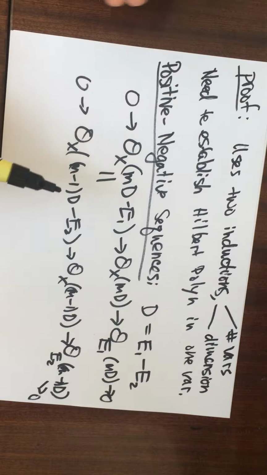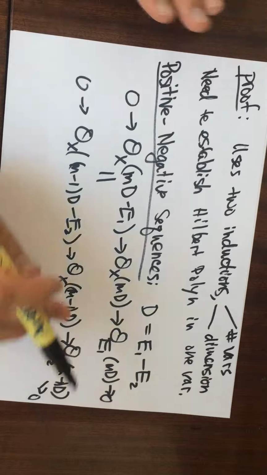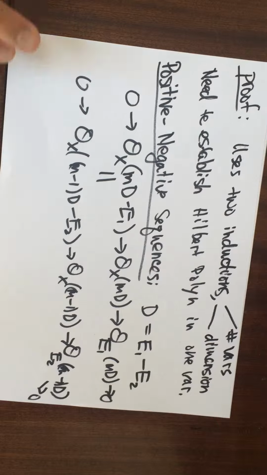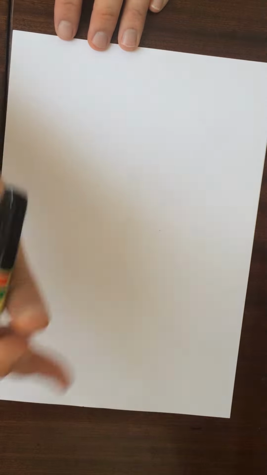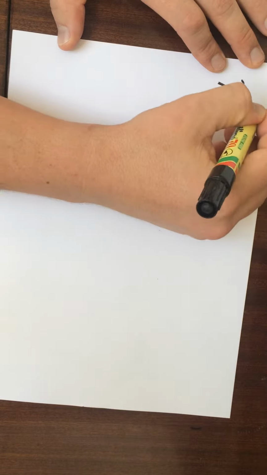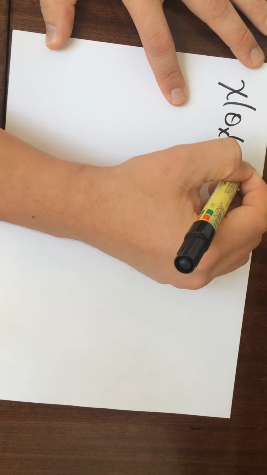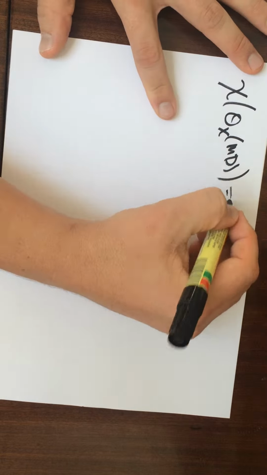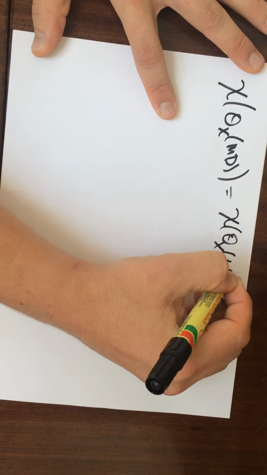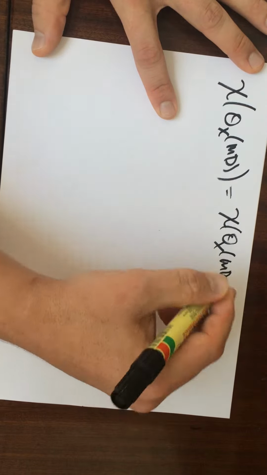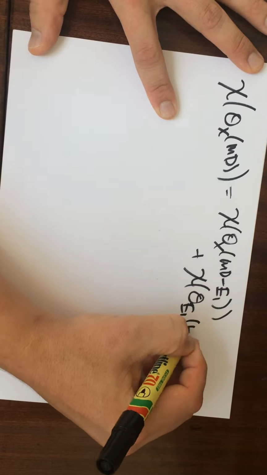The idea is that it's going to allow us to relate these two pieces. Now we're just going to do our Euler characteristic thing, where we take the additivity of the Euler characteristic. From the first sequence, the Euler characteristic of O of X of md is equal to the Euler characteristic of O of X of md minus E1, plus the Euler characteristic of O of E1 of md.